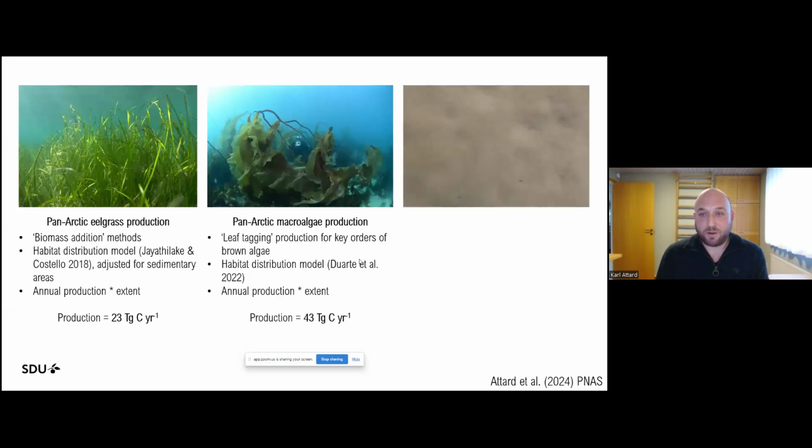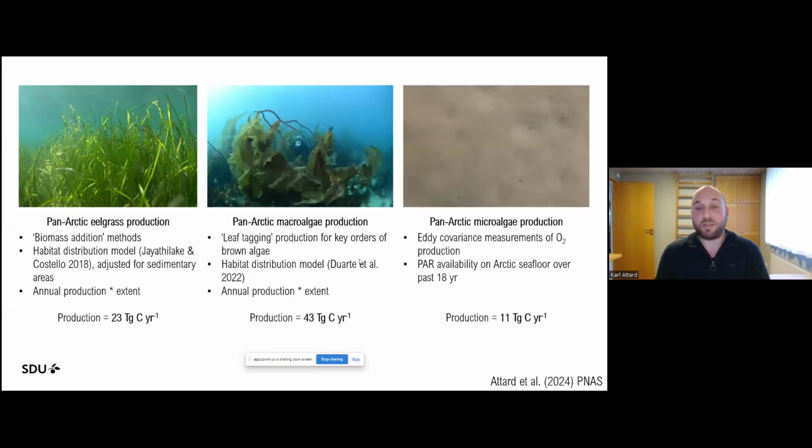So for this paper, we used what we had, which was a mixture of flux measurements and biomass addition methods. And there's a lot of extrapolation. It was a perspective article after all. And it raises more questions than answers, I would say.